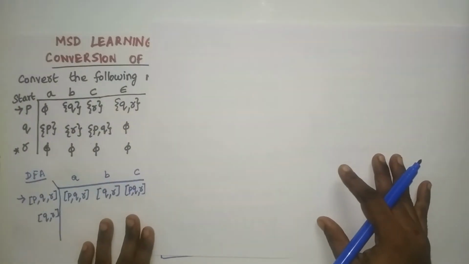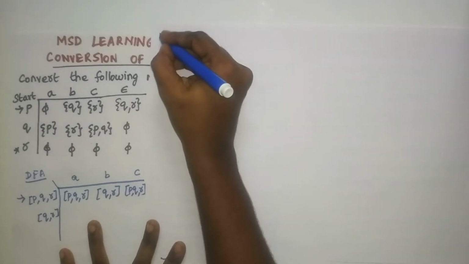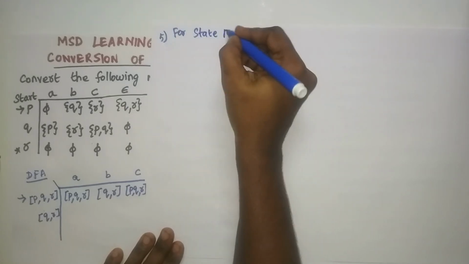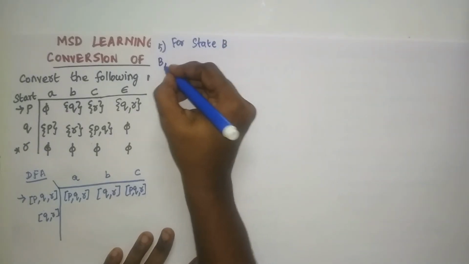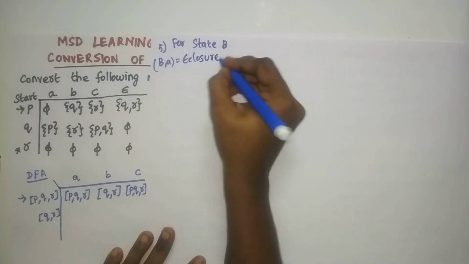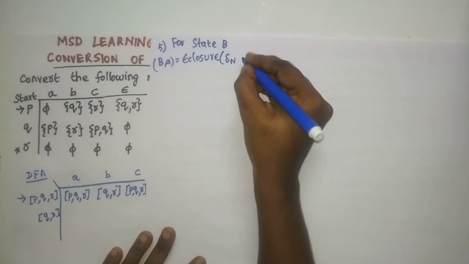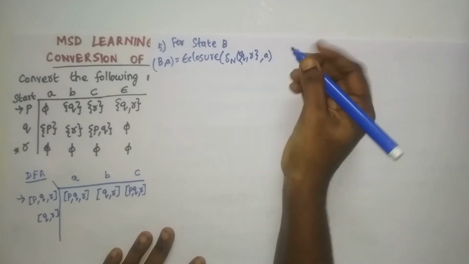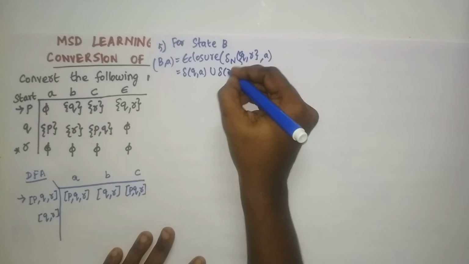So what we have to do here is process step number 5 for the state B. For the state B, we need to process B on a. So B on a is nothing but the epsilon closure of δN of {Q, R} on a, which will be equal to δ of Q on a union δ of R on a.